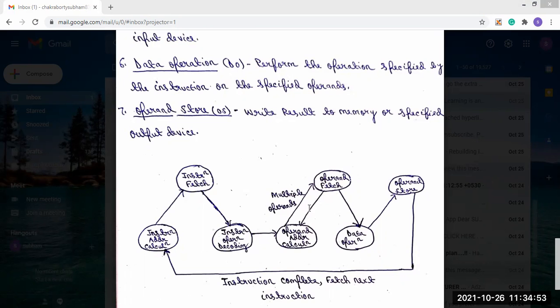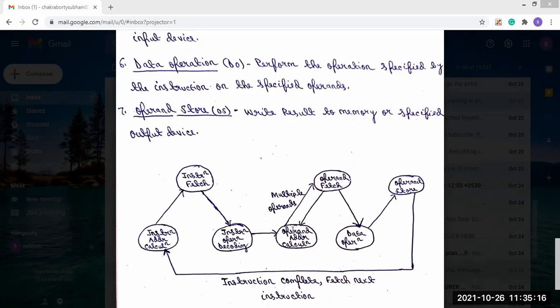Now, if there are multiple operands, again the operand's address should be calculated and again it will be fetched. Let's say we take the previous example, add A comma B. A is an operand. So first A's operand address is calculated and then the operand is fetched.